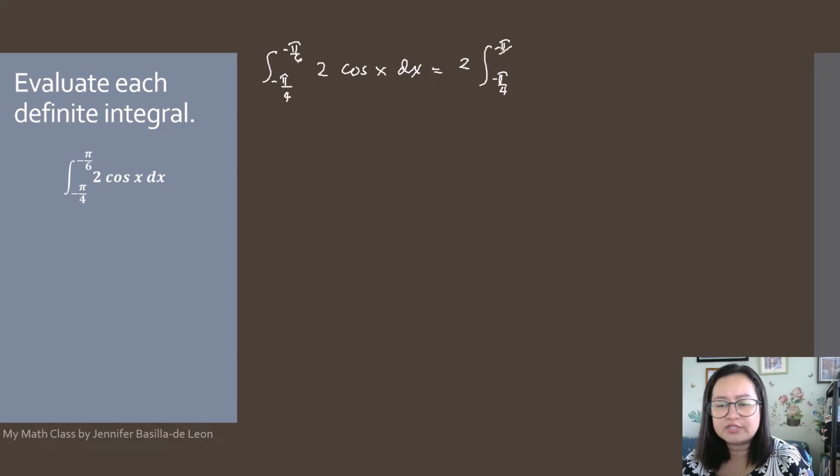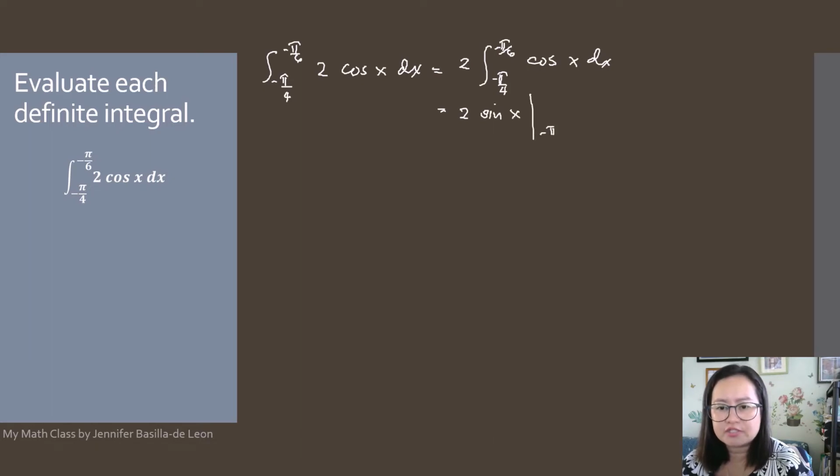We can write 2 before the integral sign, so we can see that the function that we need to get the antiderivative of is cosine x. We get the antiderivative of cosine x, so we will have sine x.